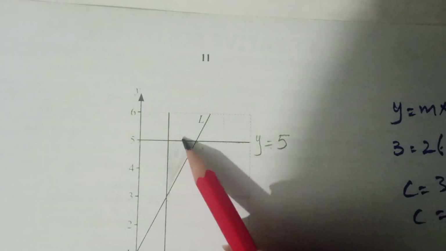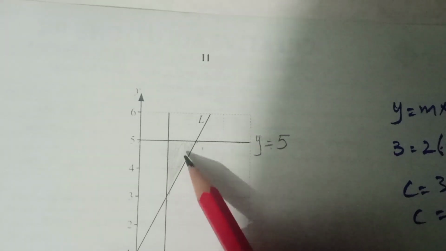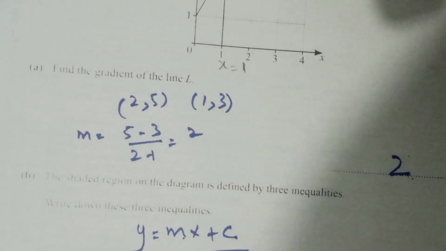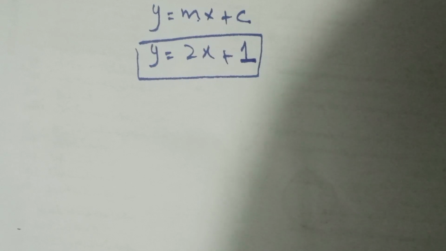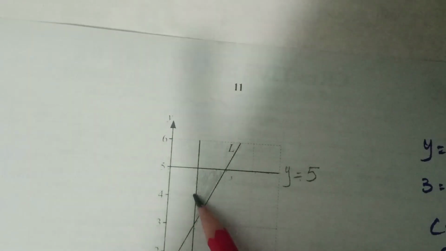Now we notice that the region is below that line, and that's why the inequality is y is less than 5. Then x is greater than 1, so we write the inequality x is greater than 1.